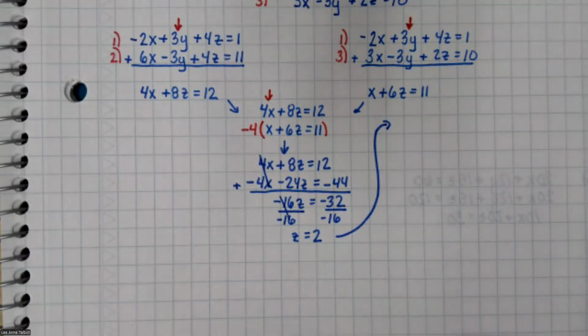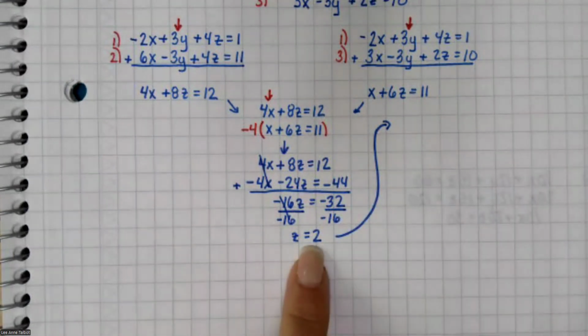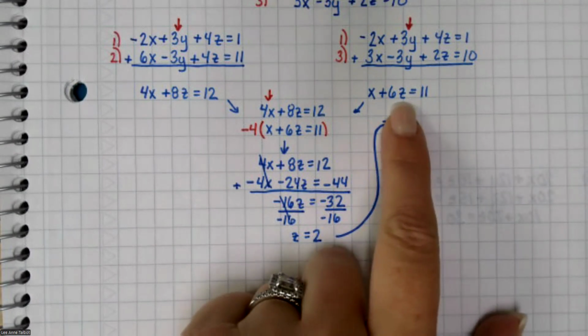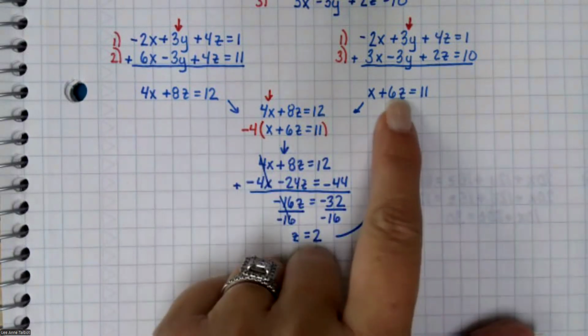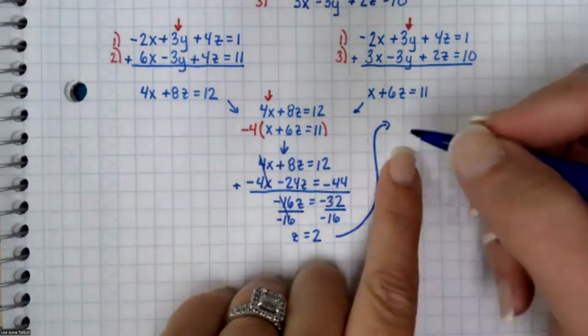I'm encouraged by a whole number. Okay, now I'm going to take my Z and plug it into this guy. You can plug it into either one of these two. I'm going to plug it into this one just because it's on the right side.